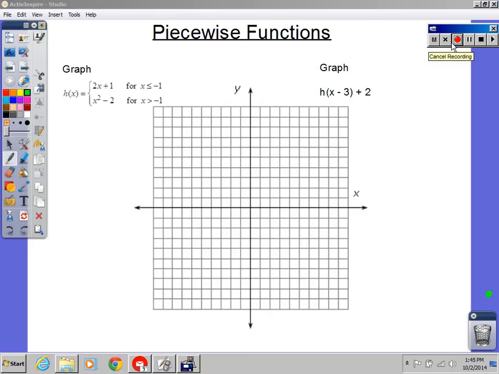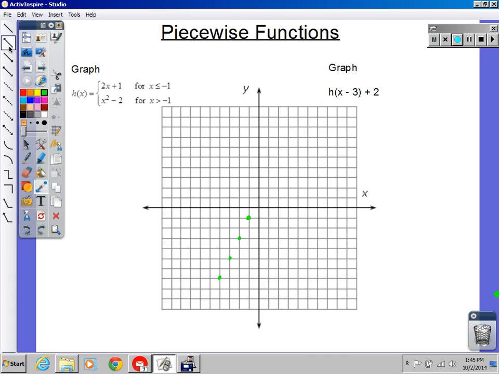So 2x plus 1 when x is less than or equal to negative 1. So that's going to put me right here to start at negative 1. My slope would be up 2 over 1, right? But I'm less than negative 1, so I go down 2 over 1 to get my remaining points, right? And then I draw my line. Okay. So it's going to look something like this.